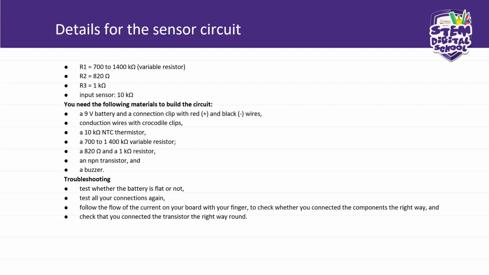Right, you have conduction wires with crocodile clips. And then you have your thermistor. Remember, we said your sensor must be a 10 kilo ohm resistor. So you have your negative temperature coefficient, the NTC, negative temperature coefficient thermistor.